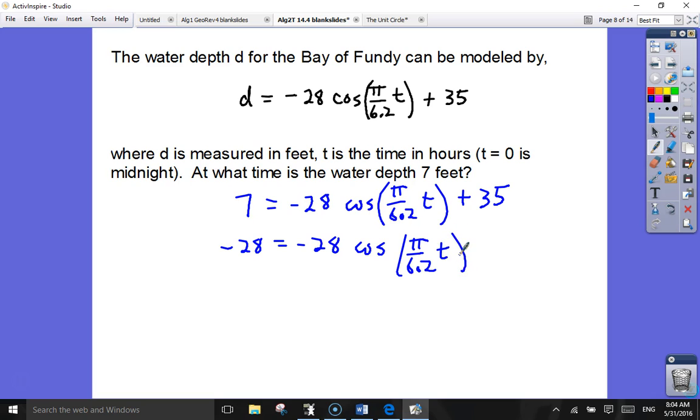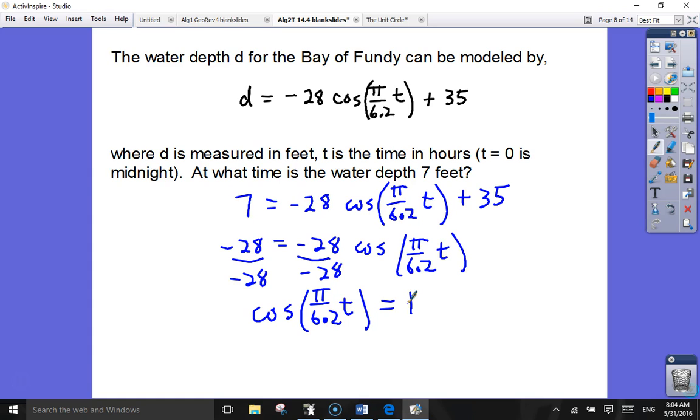And then when you divide by this negative 28, since it's on both sides, it's almost too easy, right? Now we've got the cosine of pi over 6.2 t equals 1.